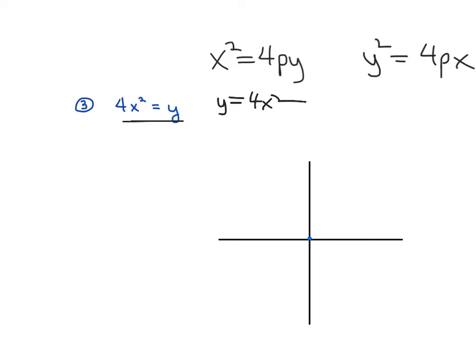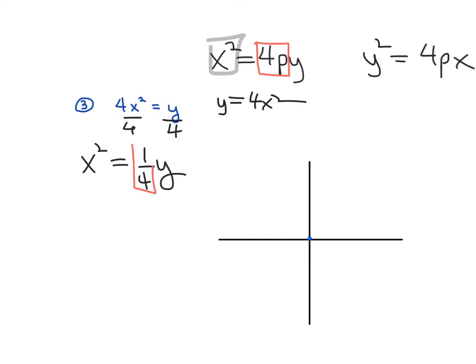I need to get x squared by itself because that's the only thing that should be on the left side. So I'm going to divide both sides by 4, and now x squared is equal to 1/4 y. The reason I'm not going to leave it as y over 4 is I need a 4p value, and the 4p is in front of the non-squared variable. That's why I made it 1/4.